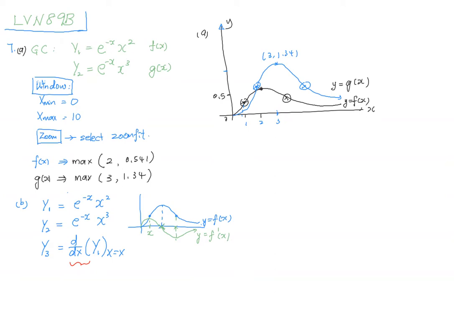Do you know how to call out this part, d dx y1 x equal to x, from your graphic calculator? Can you repeat again? I want to type this into my graphic calculator, how to do it.